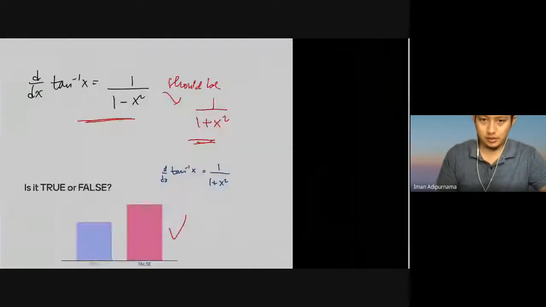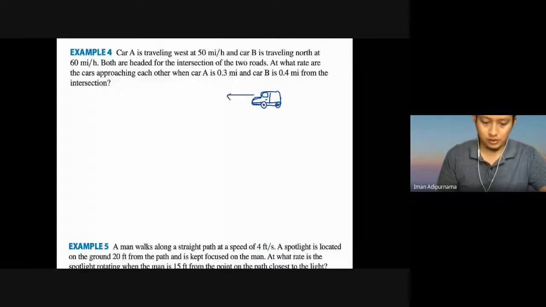Right. Let's move back to example 4. Okay. So this will be car A. Let's say this is A. And the other car, car B, traveling north. Let's say here, because both cars will have an intersection later, right?